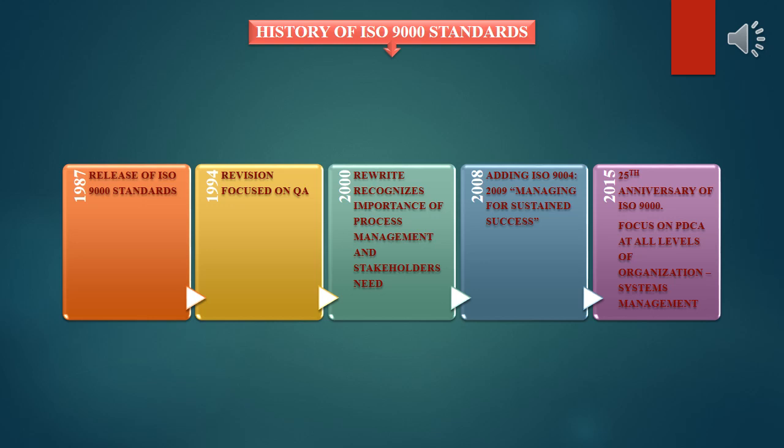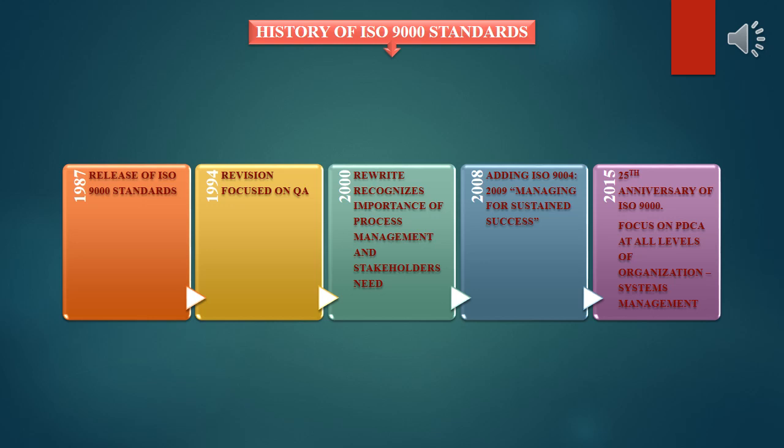In 2008, ISO 9004-2009 was added, meant for managing sustained success. And in 2015, in view of the 25th anniversary of ISO 9000, it was focused on PDCA at all levels of organization, systems management. This is about the history of ISO 9000 standards.